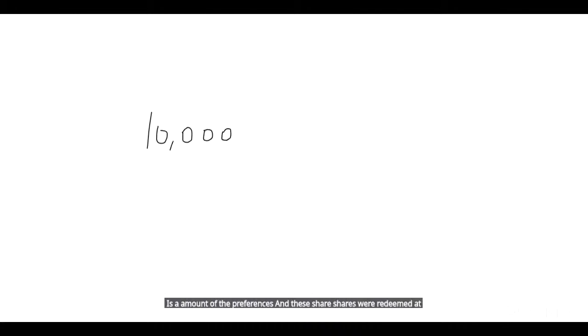This is the amount. How much is it? 10,000 naira, right? This is the amount of the preference shares, 10,000 naira. And these shares were redeemed at a premium of how much? 10%.